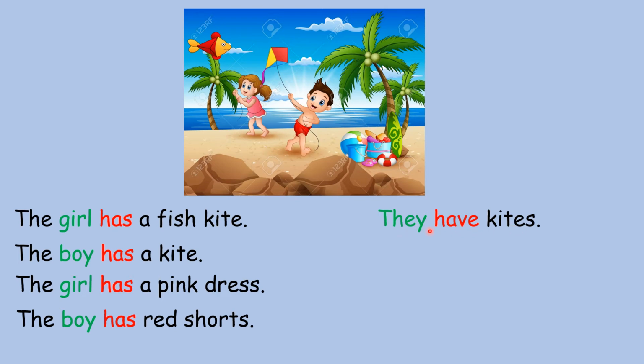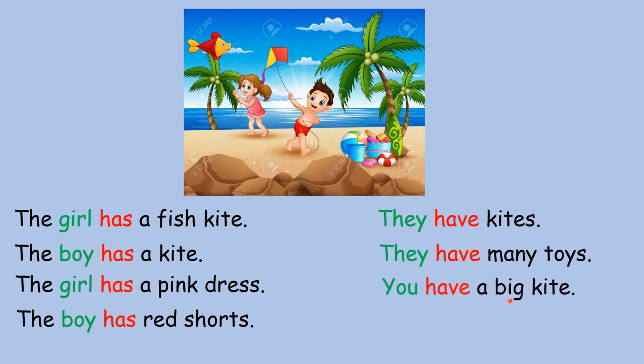The word they tells you that it is more than one. They have many toys. They have toys here, a bucket, a ball, the little spade, a surfboard. So it shows that they have something, that it belongs to them. So they use the word have, and they stands for many. So the word have is used for many.